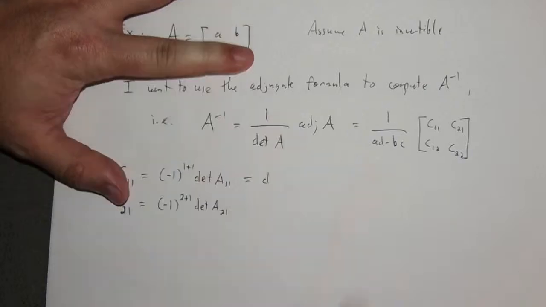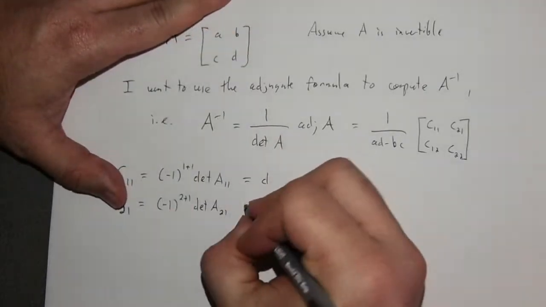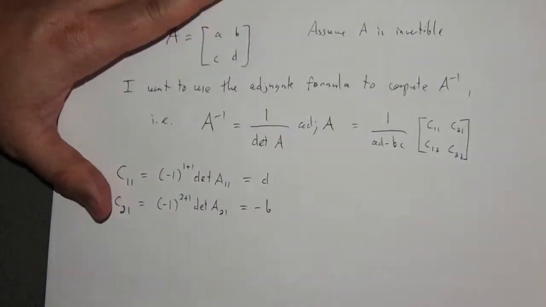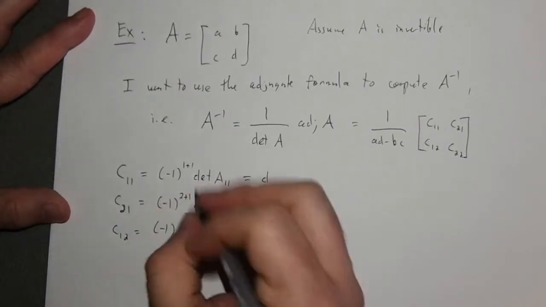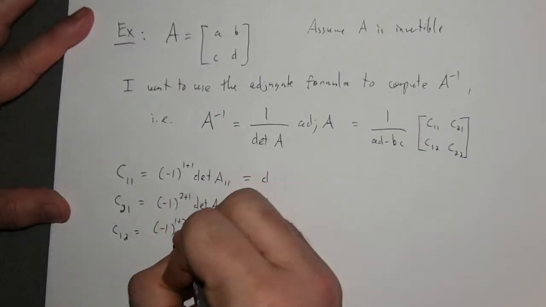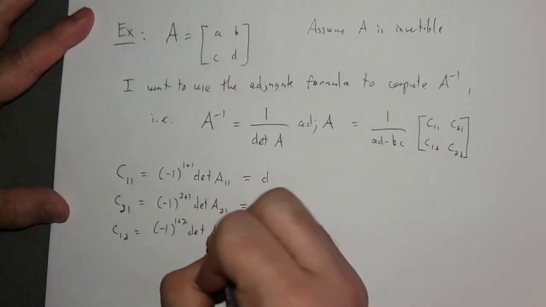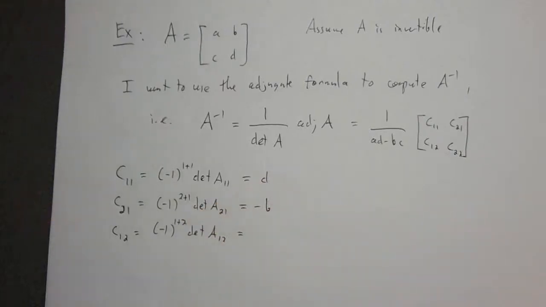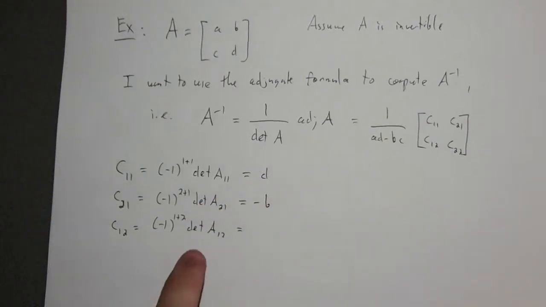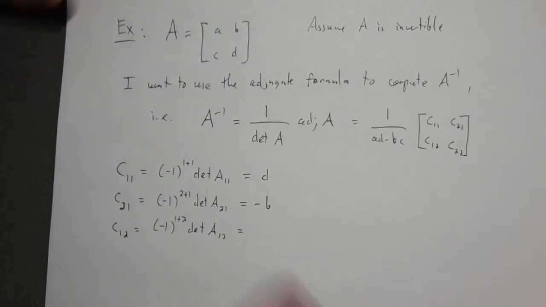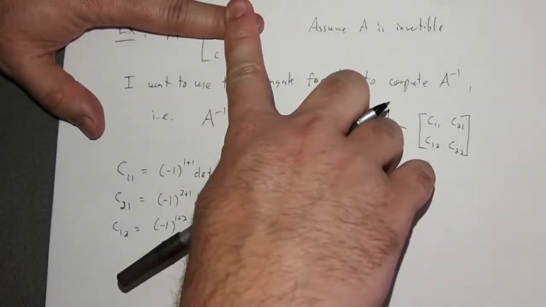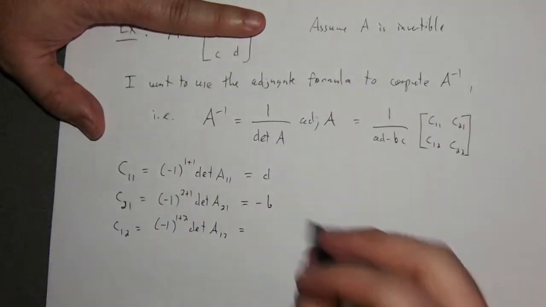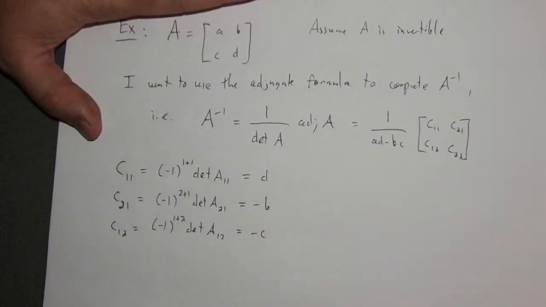That's B. Minus 1 to the 3 is minus, so this is minus B. C12 is minus 1 to the 1 plus 2 times the determinant of A12. A12 is the matrix I get from A by ignoring the first row, second column. So it's C. This is minus 1 cubed, so this is minus C.